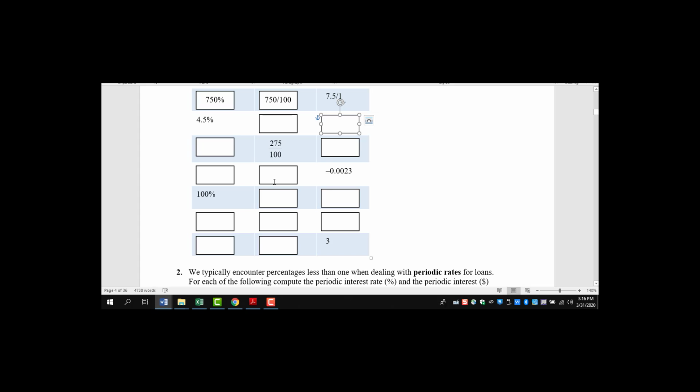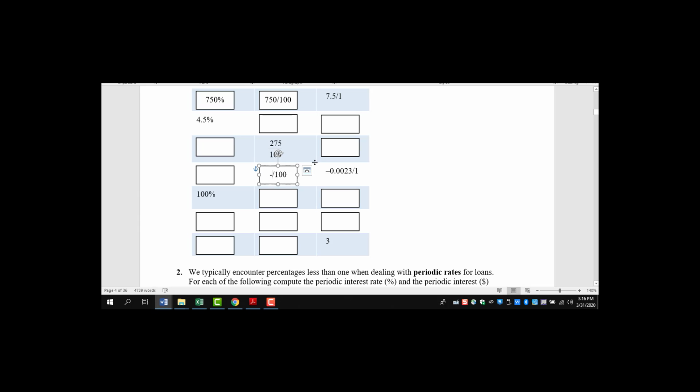And let's try one more. How about this one? To change this, think of it as an equivalent fraction. To change this to an equivalent fraction, I'm going to multiply both the numerator and the denominator by 100. And I'm going to get a number over 100. That's the fraction. It's a negative number, which means it's a negative percent.